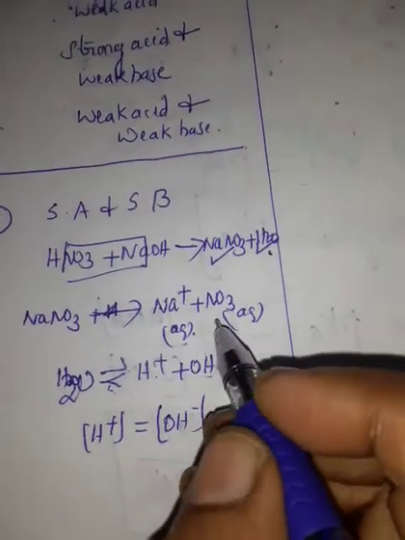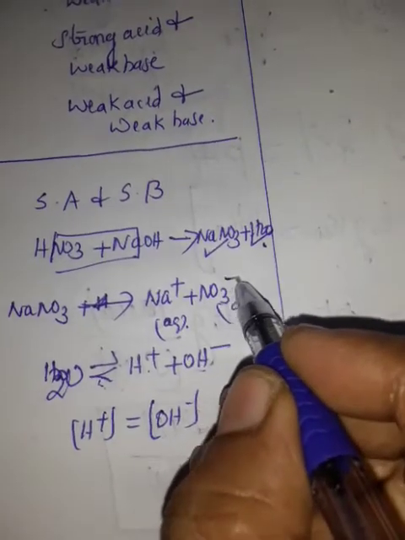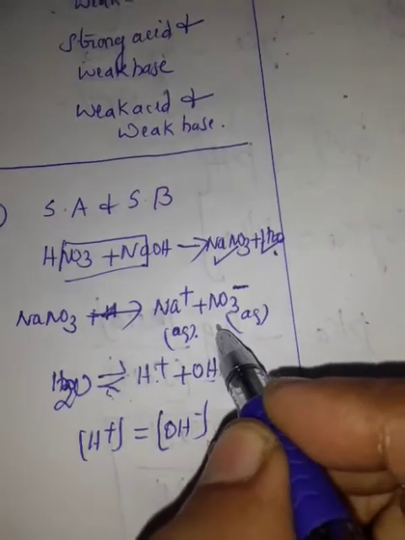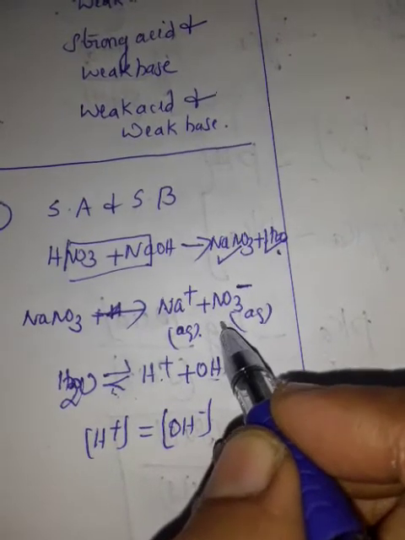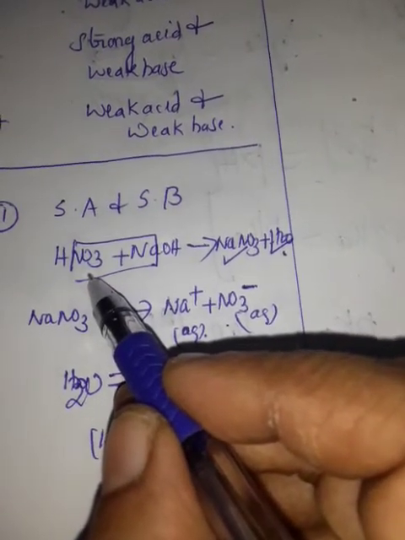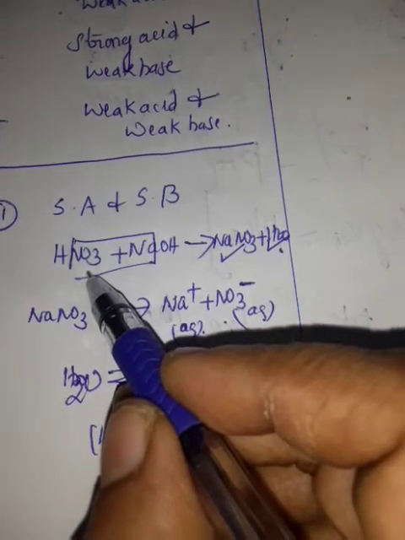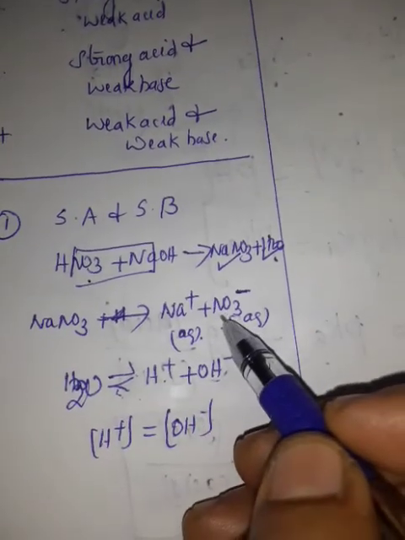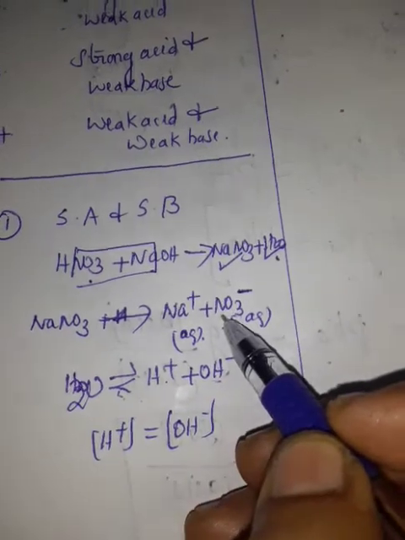Here we have Na+ and NO3-. The NO3- is the conjugate base of the strong acid HNO3, and it has no tendency to react with H+.